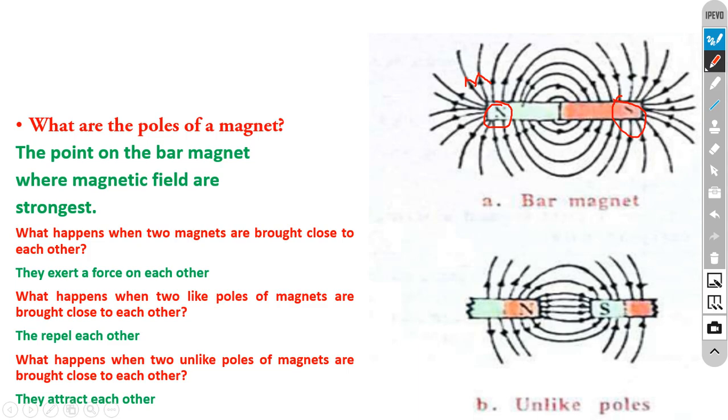It starts from the north pole and ends at the south pole. So the arrow is pointing outward from the north pole, but for the south pole, the arrow is inward. So please don't get confused about this.